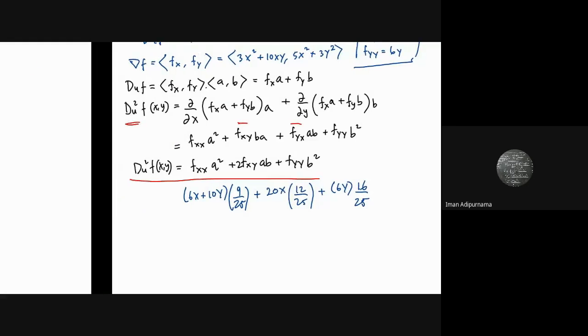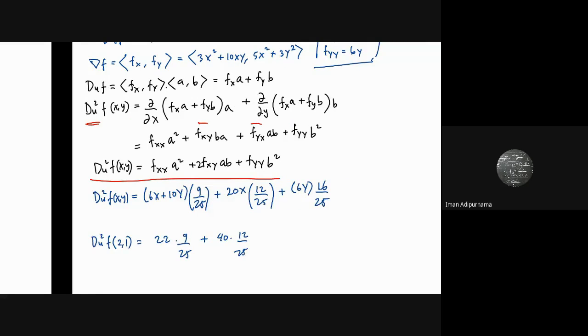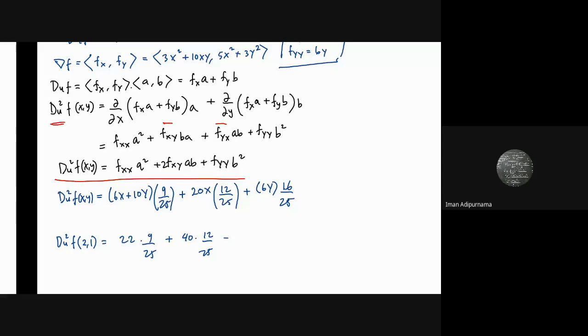And then we need to use the coordinate. The coordinate that we are going to observe is (2, 1), right? So we substitute all terms. This is 22. This is 40. And this is 6 and 16/25.